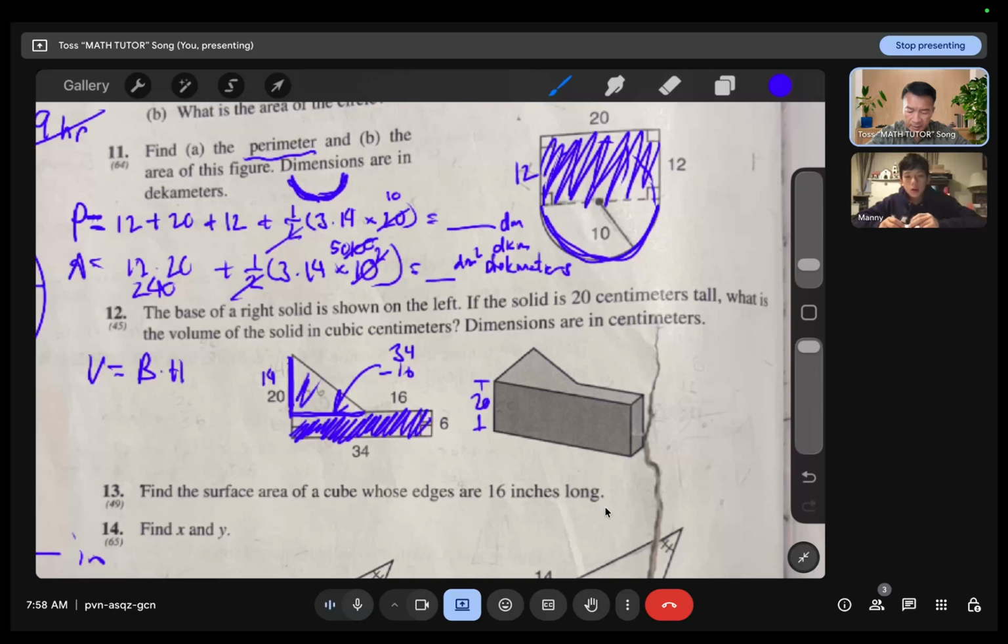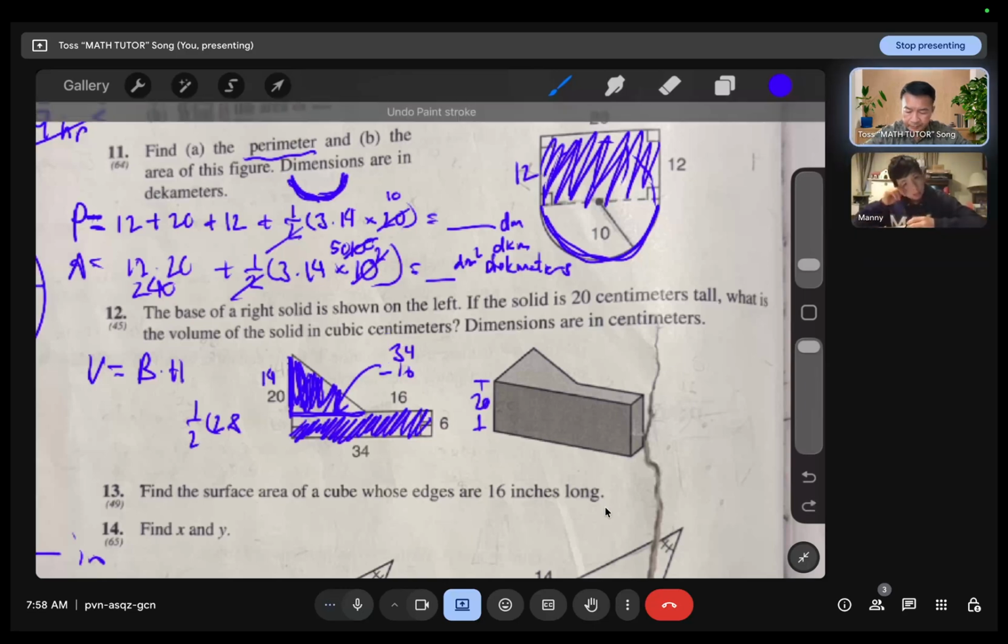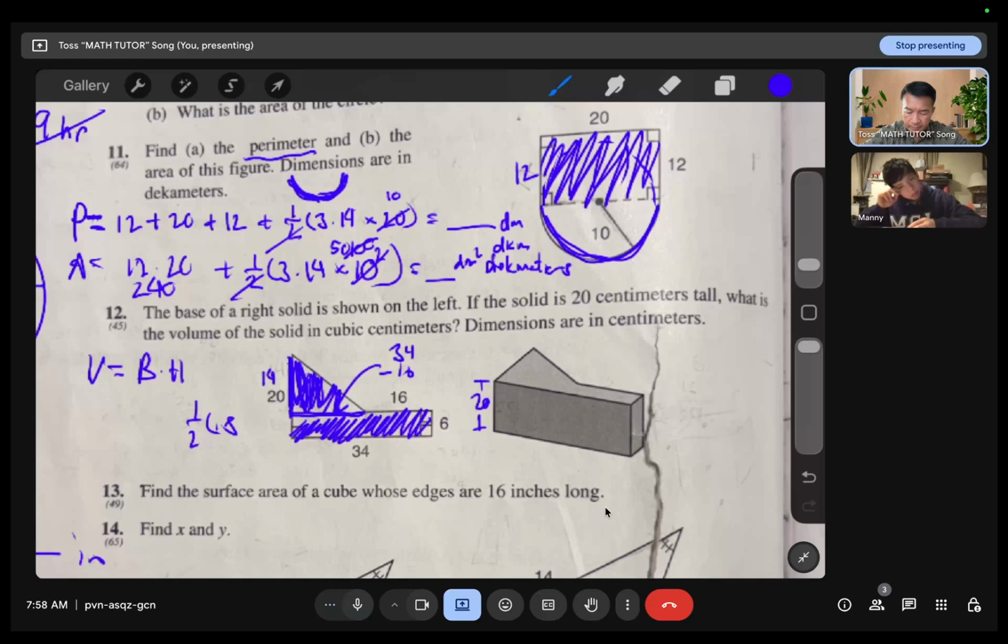So you get that and you get this. 1/2 times, okay, for the triangle is 1/2 times, for the top triangle, what is that? 28? Is that right? No, 18. Right? 18? Mm-hmm.